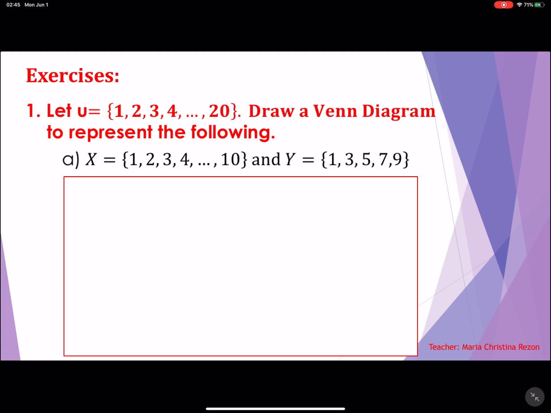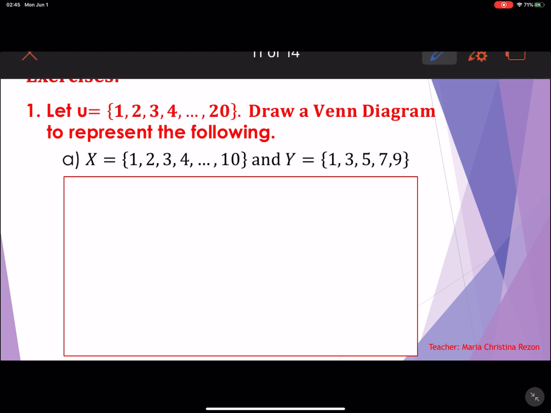This one means that set X has numbers 1 to 10. So what is common there would be 1, 3, 5, 7, and 9. In other words, Y is a subset of X.